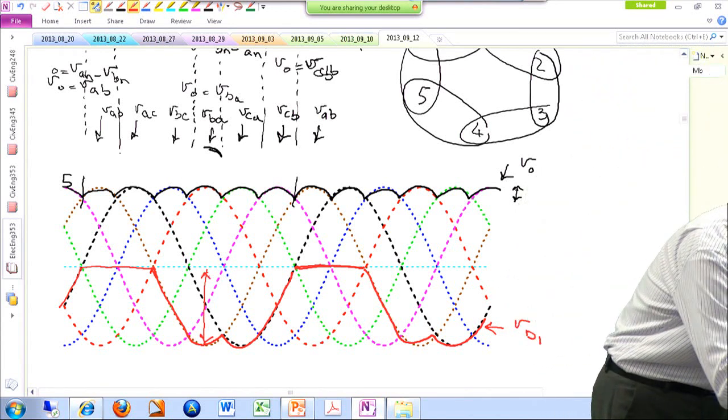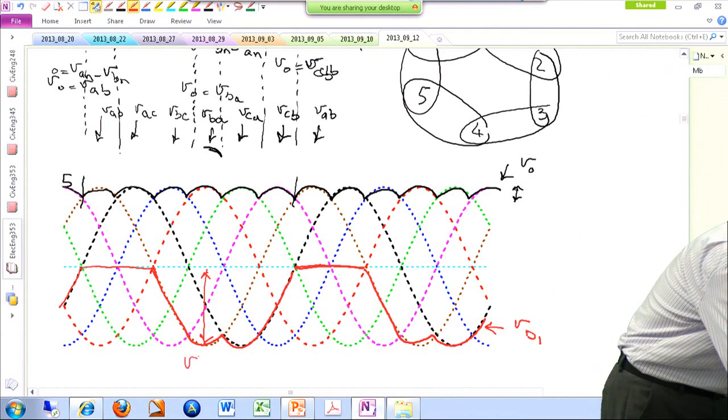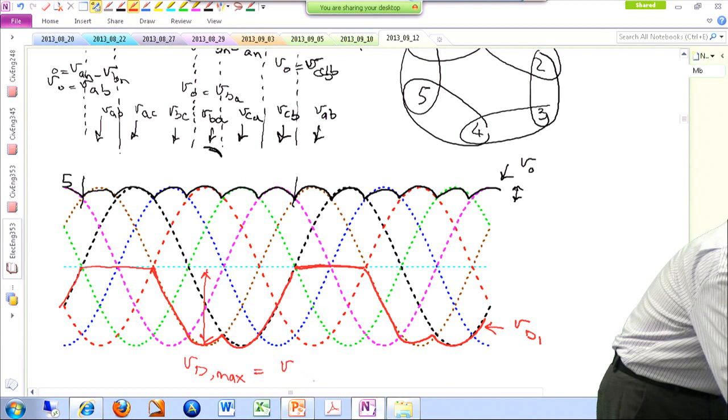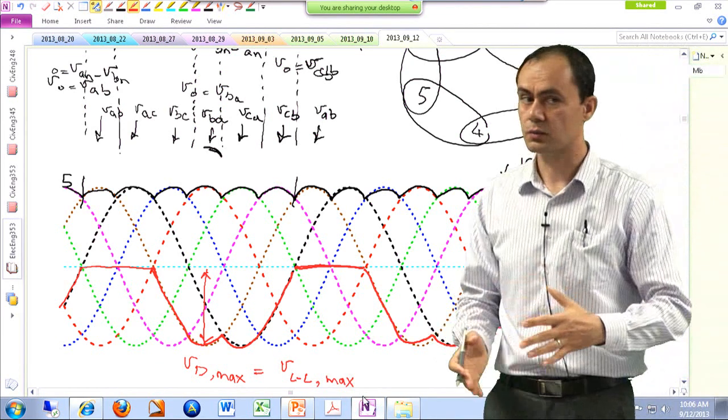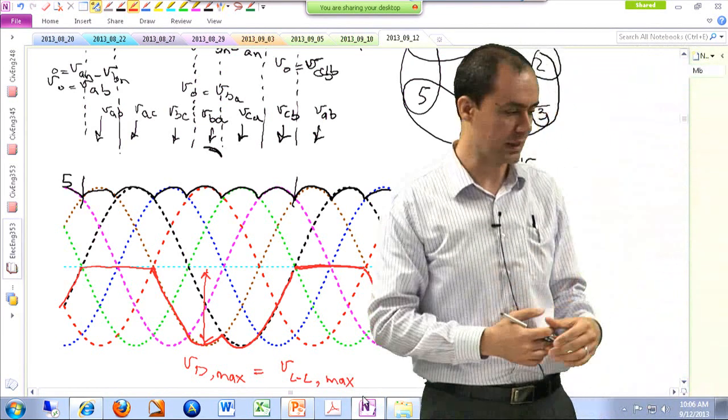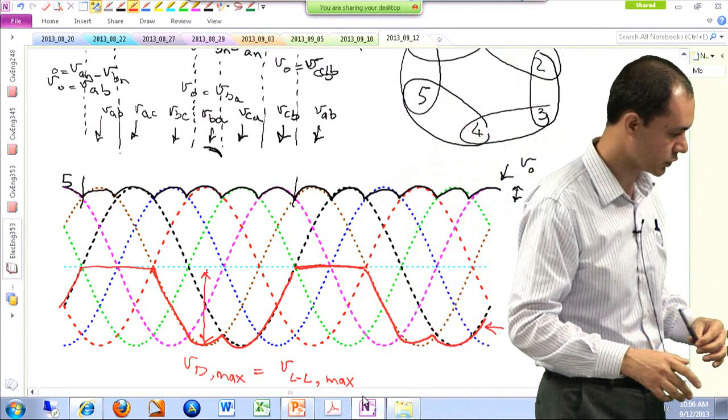So this is true for all of the diodes. So VD, any diode, maximum value is V line-to-line maximum value. Okay? So whatever your line-to-line voltage is, you should be able to buy a diode that can handle that amount of negative voltage drop.